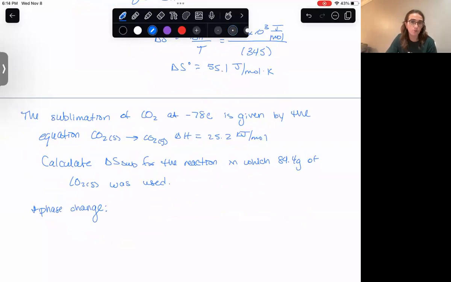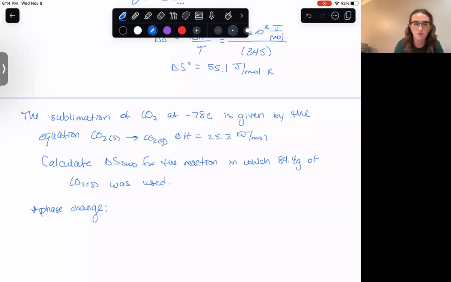Are we not at equilibrium? What's going on? Anyone have a guess?